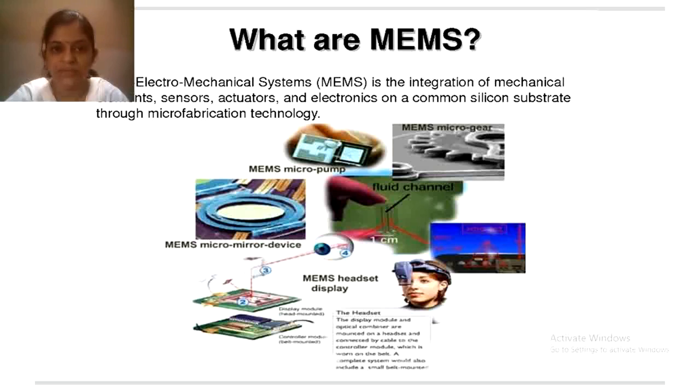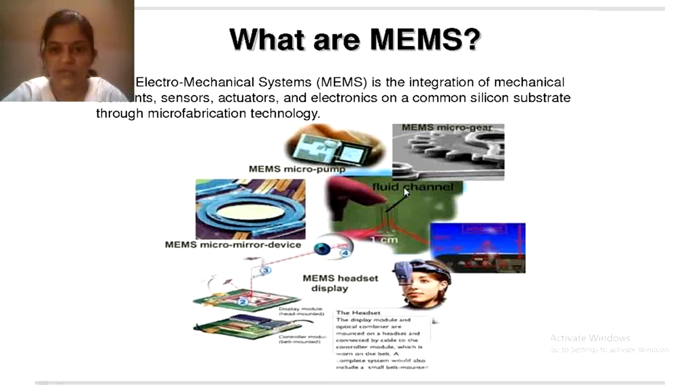So what are MEMS? Already we discussed that the long form of MEMS is micro electromechanical system. It is the integration of mechanical elements, sensors, actuators and electronics on a common silicon substrate through microfabrication techniques. Here we can see some examples. A MEMS micro pump is shown, then a MEMS micro gear in this figure.